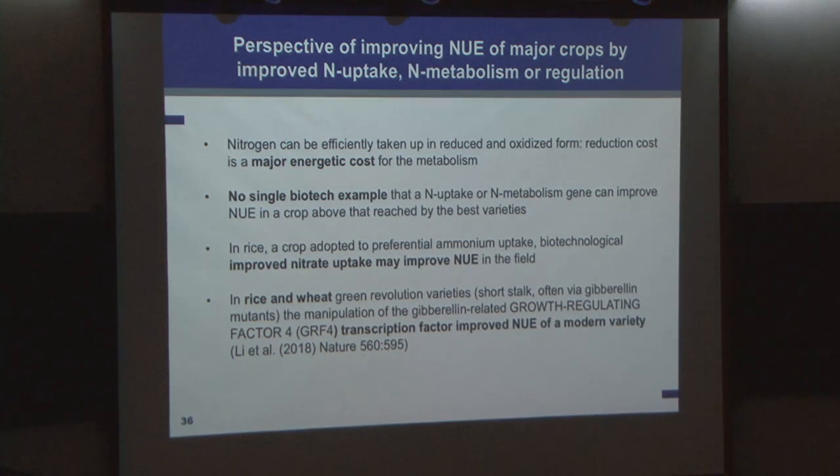This has many reasons, yeah, why this is so, but it suggests that currently, taking single genes, changing their expression in transgenic plants, and trying to improve nitrogen use efficiency with physiological knowledge about these genes, is not very successful in field conditions.